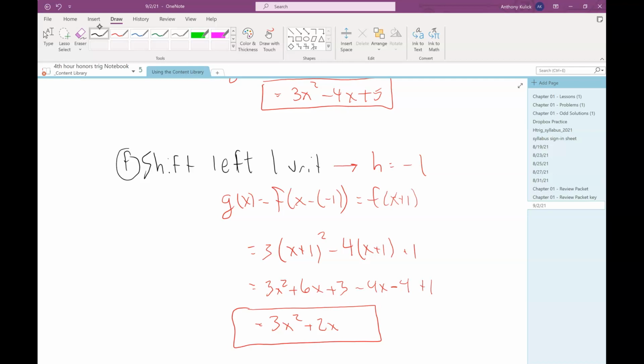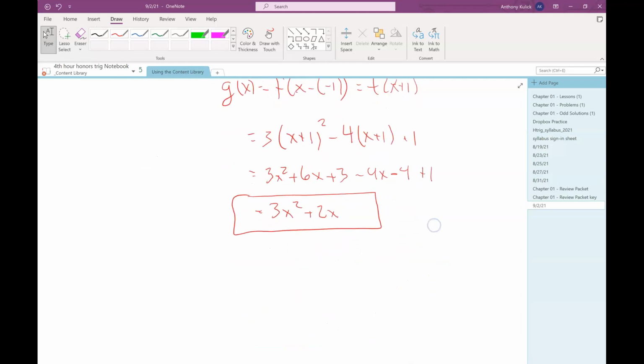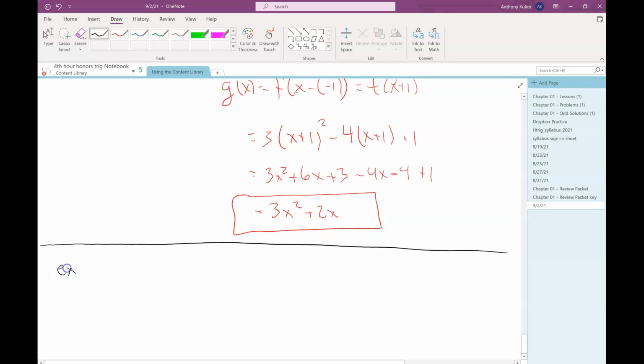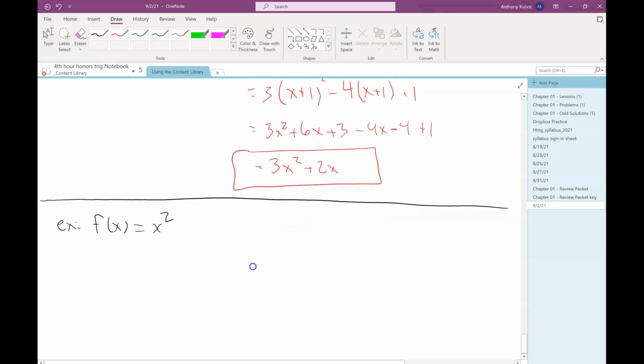Okay, so let's look at some examples now where we do successive transformations. So we'll do one type of transformation followed by another one. So I'm going to make a new f of x. It's a little less algebraically difficult to deal with.